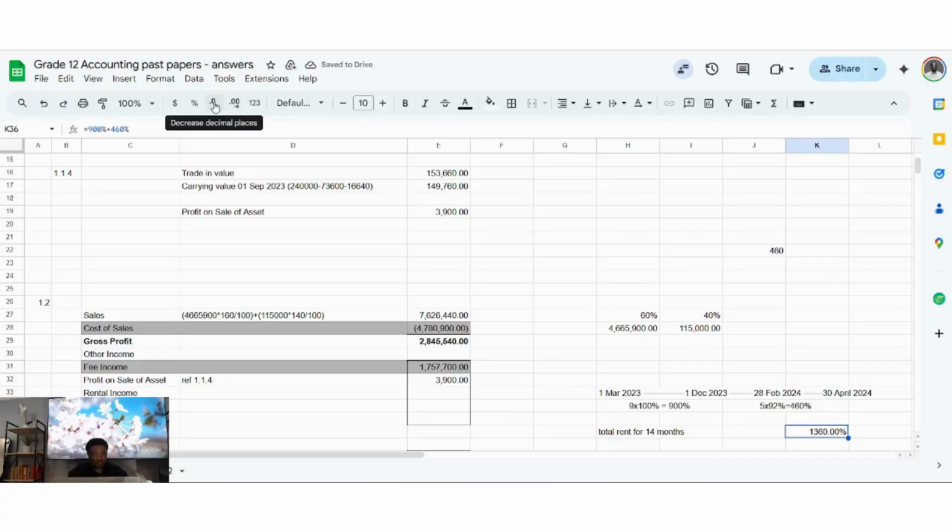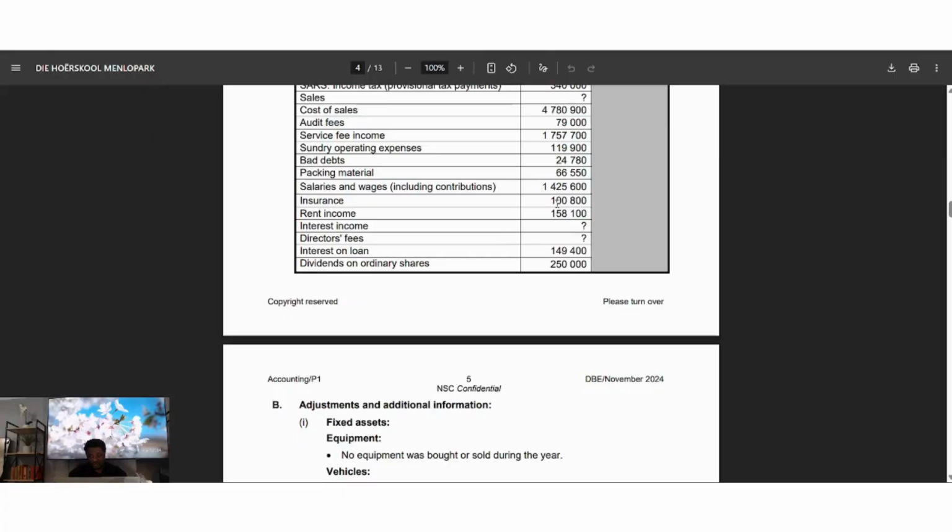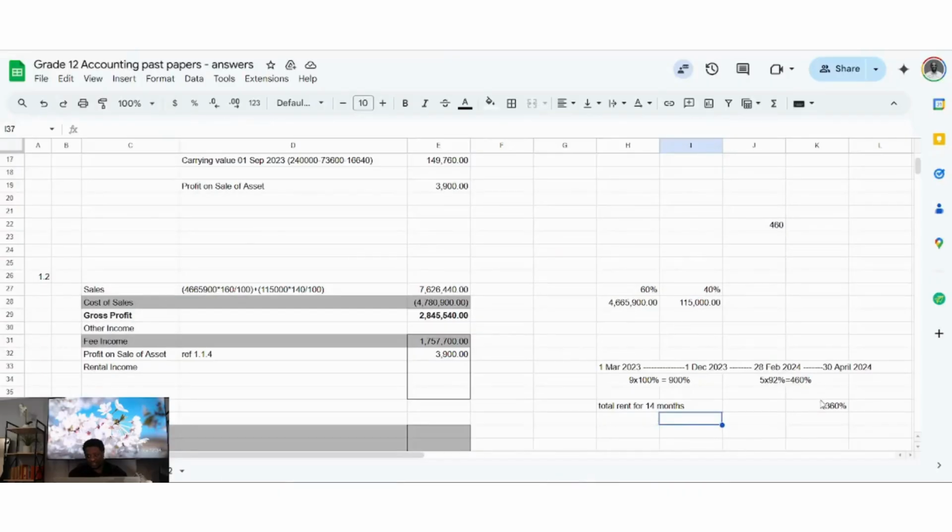Alright, now in percentage equivalence, this basically means that the total rent which is given in the trial balance as 158,100, right? This 158,100 in percentage terms is equal to 1360%.